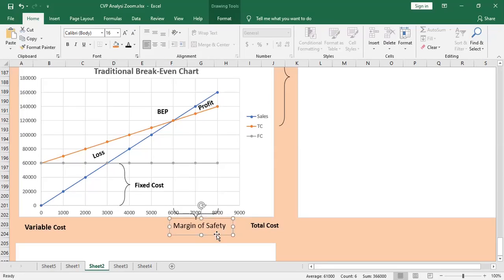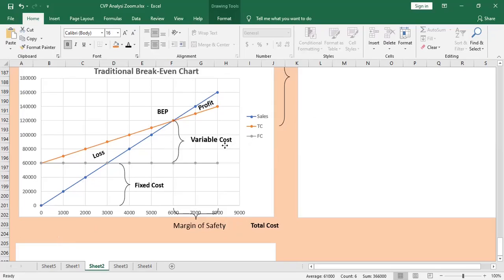And how do you calculate your variable cost? Very easy. That is the difference between the fixed cost and the total cost. So you can easily get the variable cost from here to here, the difference between the total cost line and the fixed cost line.